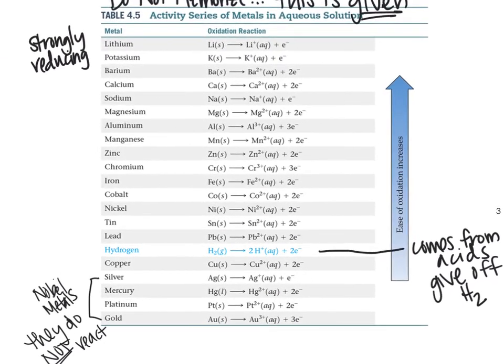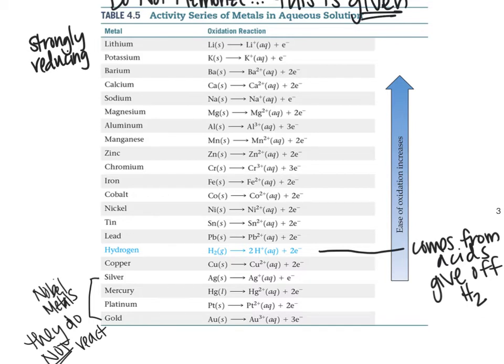So in lab, you'll notice that in some cases, you'll drop a solid metal into the solution and a gas bubble will come off. That's the hydrogen gas. And so that is, in this case, a precipitate. We've talked about how precipitates are solids. It turns out that precipitates that come off as a gas or a liquid can also be precipitates. They're just a little weird on the vocabulary word.